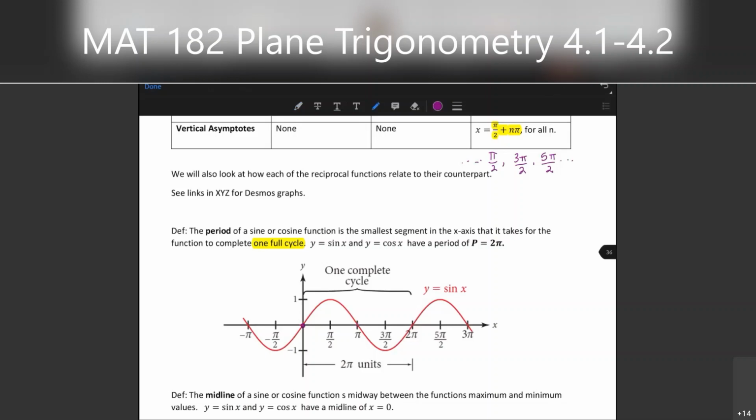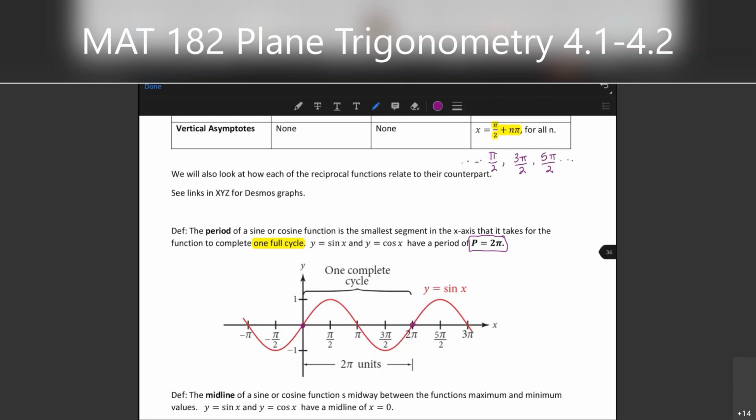Generally we'd say p is equal to 2 pi for these. But as we change the equation of our sine and cosine, that period value can change, and we'll take a look at that today.